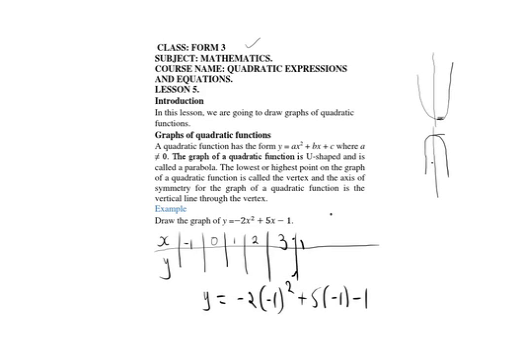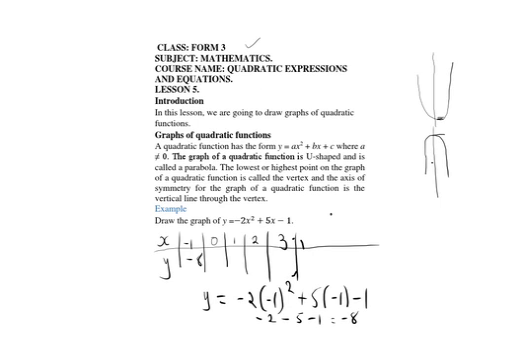We multiply by -2, so we have -2. 5 multiplied by -1 is -5, and then -1. This gives us -8. So when x is -1, y is -8.